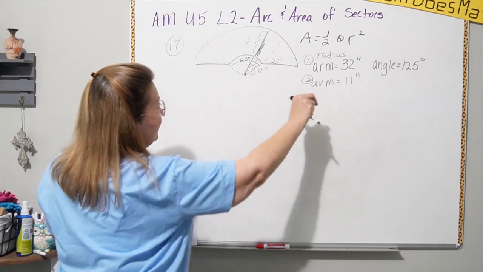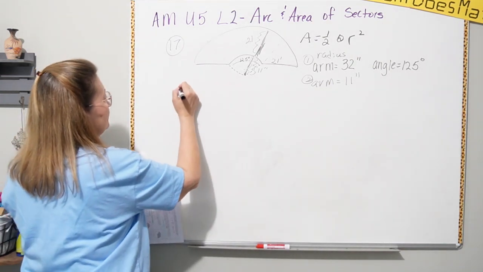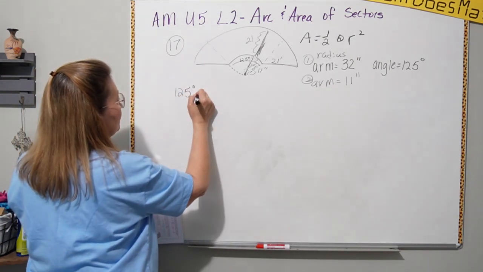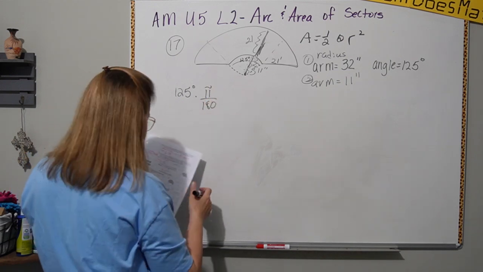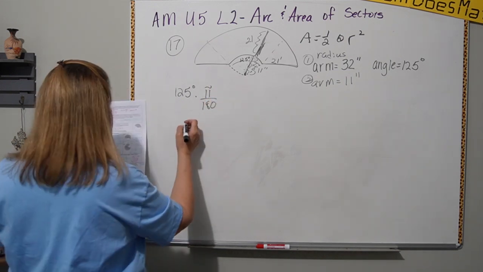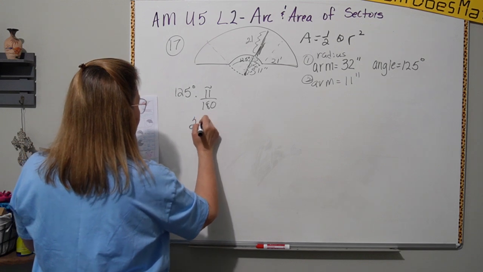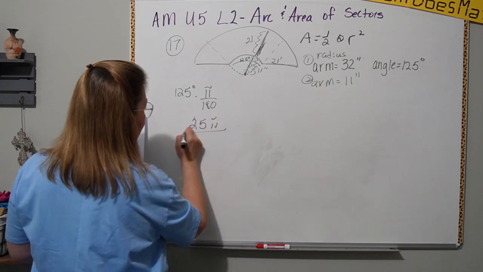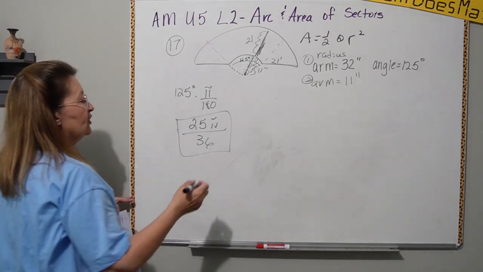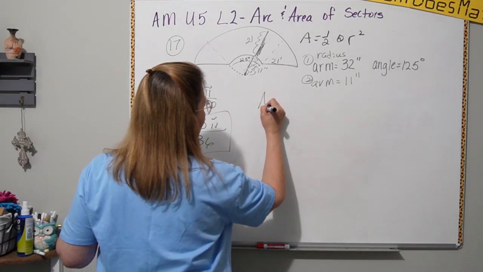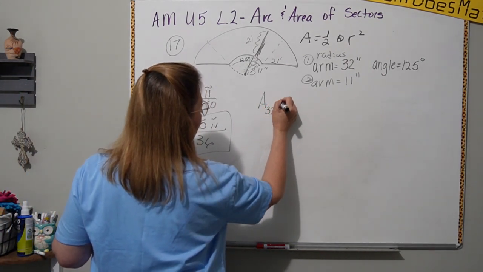So the first thing is I have my angle in degrees, so I'm going to multiply 125 degrees by pi over 180 so that I can convert that to radians, and that's going to give me 25 pi over 36. Okay, so first let's find the area of the 32-inch arm.